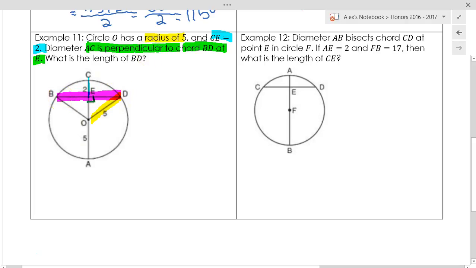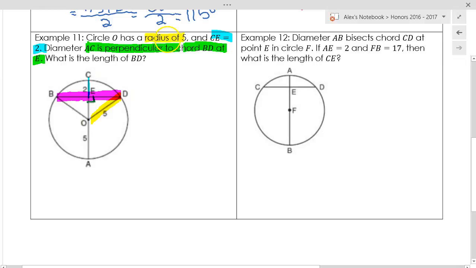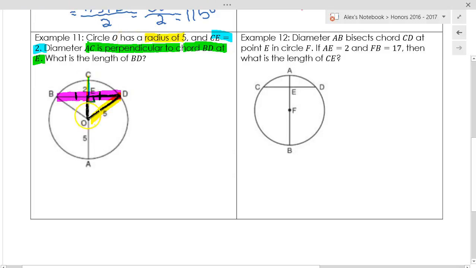One thing I know, since these are perpendicular, these two sides are congruent. So I only have to look at one side, and if you look at only one side, it's a right triangle. Looking back at the first thing it told me, the radius is 5, so this whole thing is 5.